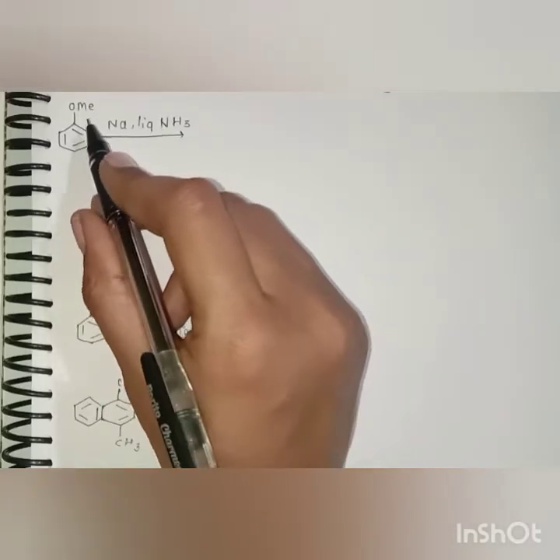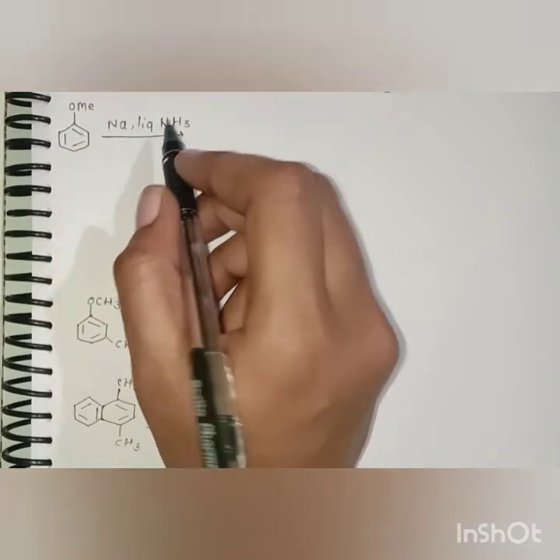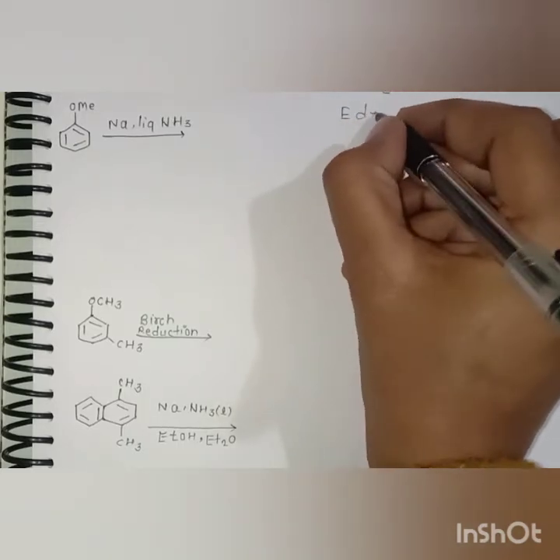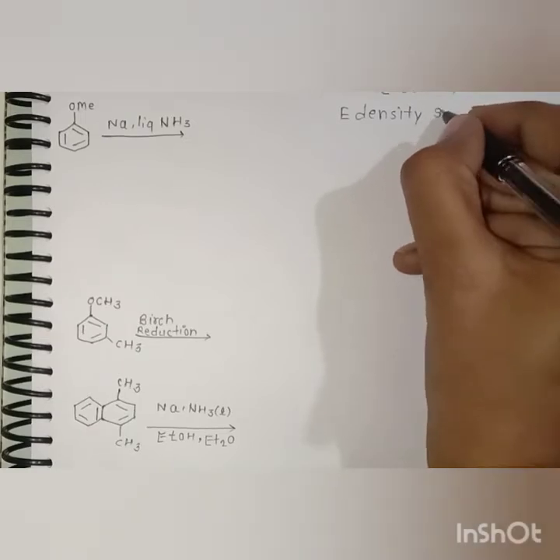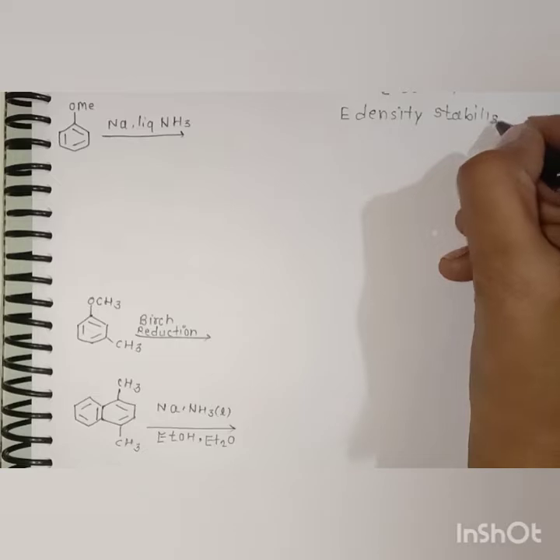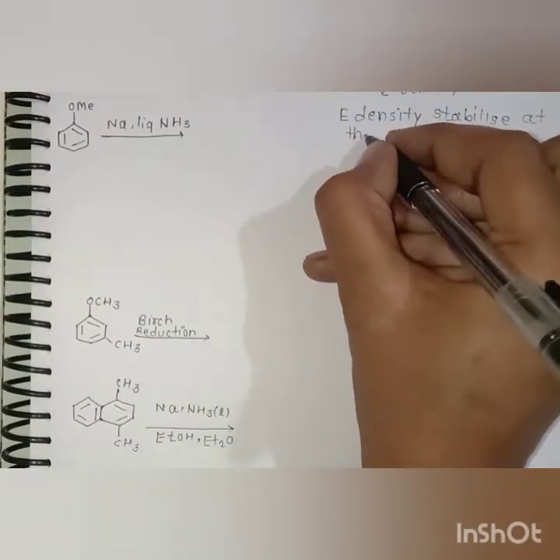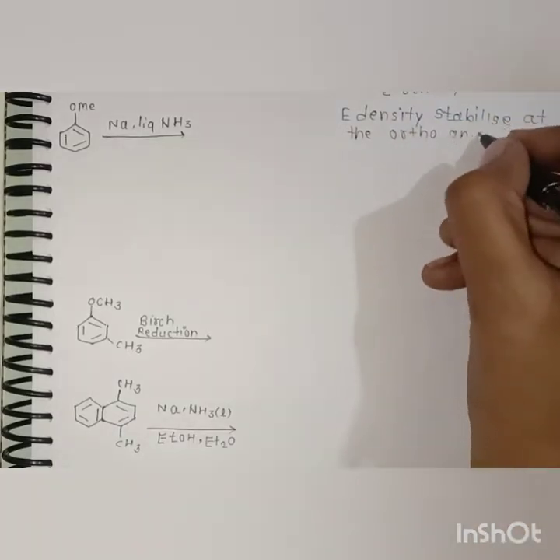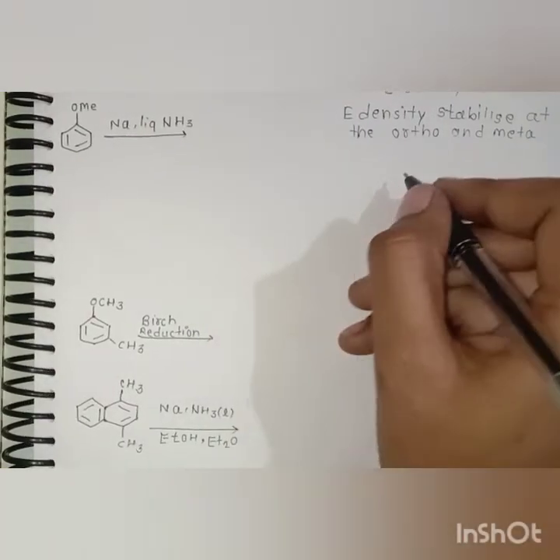and whenever the electron donating group is present in the Birch reduction, the electron density stabilizes at the ortho and meta position.